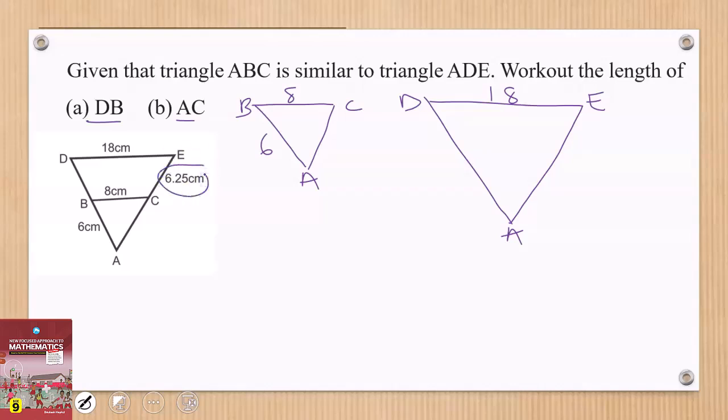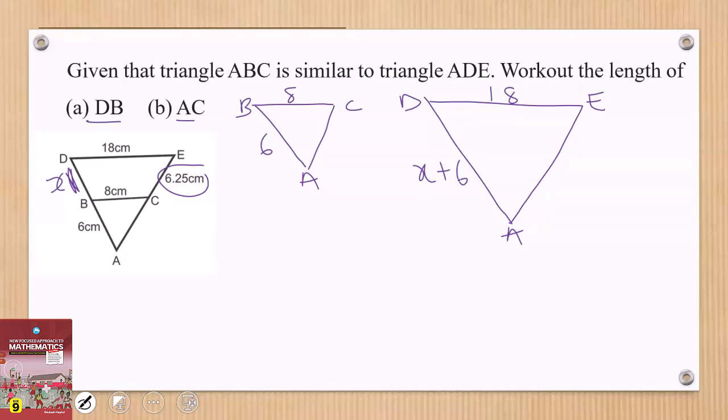Now the question says we should find DB, so DB, D and B, that is the part here we want to find, right? Now we know that the whole DA, so assuming that maybe the DB, let's call it X, so the whole of DA becomes X plus 6, right? X plus 6.